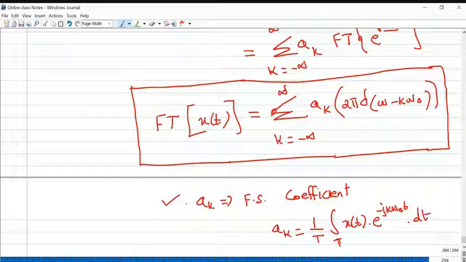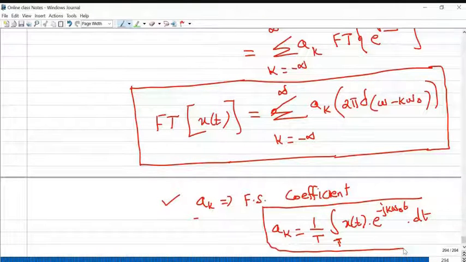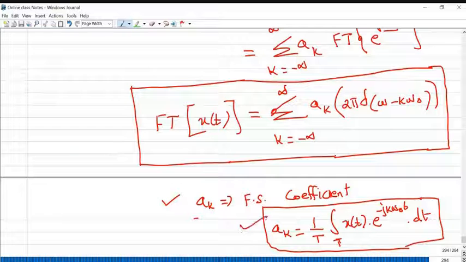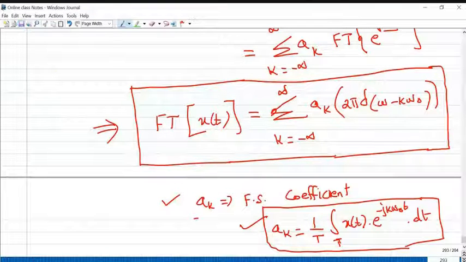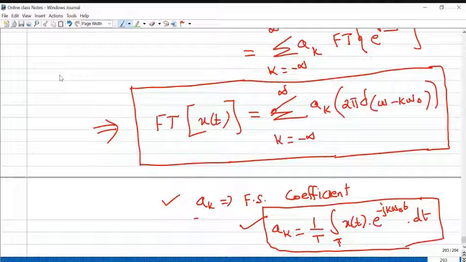In the question paper, if a periodic signal is given to you, find capital T, omega naught, and then the Fourier series coefficient a k. After computing this a k value, substitute it in this formula, replacing omega naught with the value you calculated from the given signal. That is your answer. That's it.